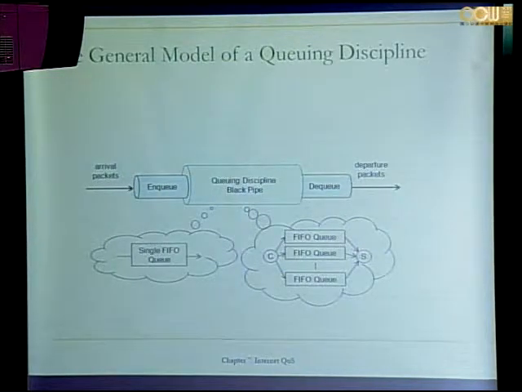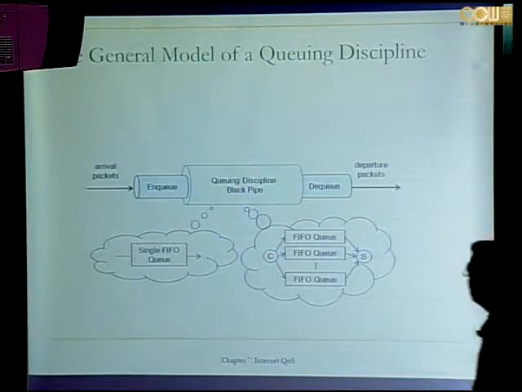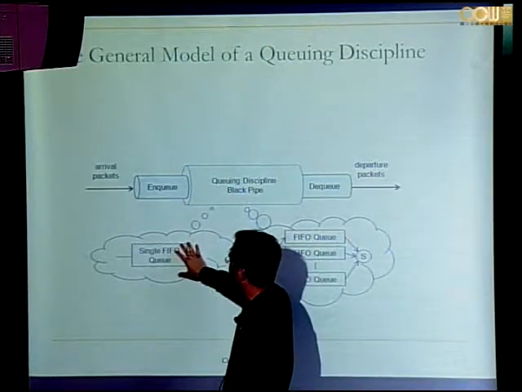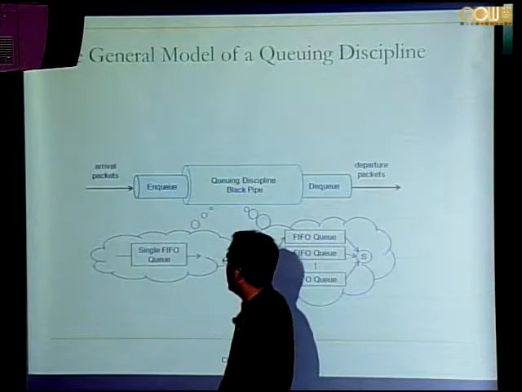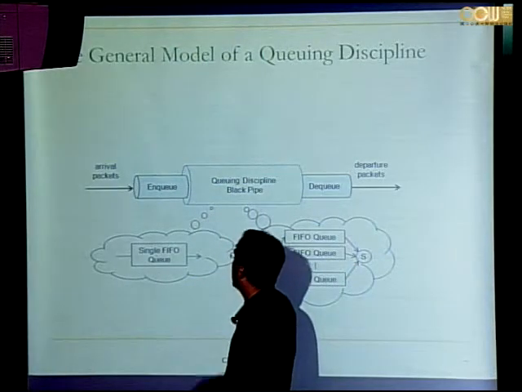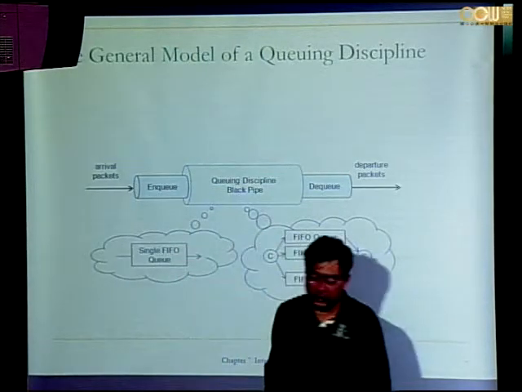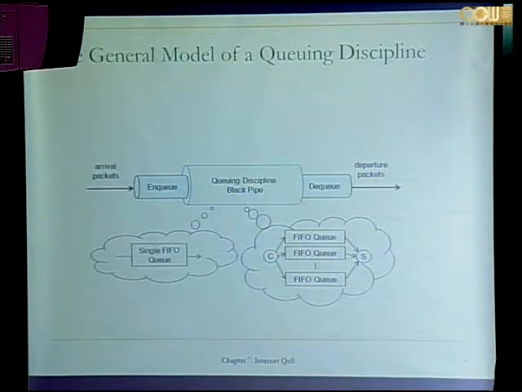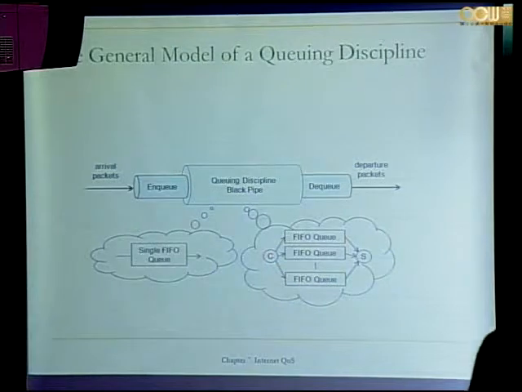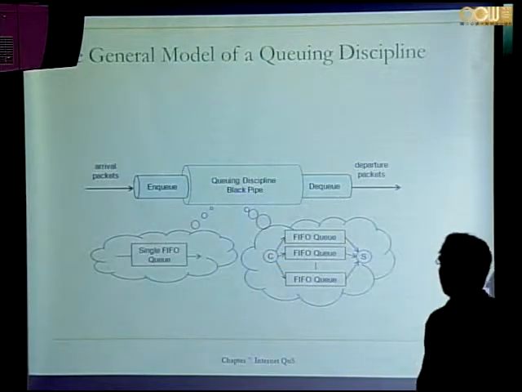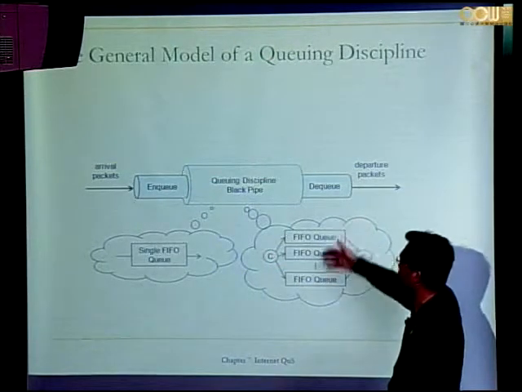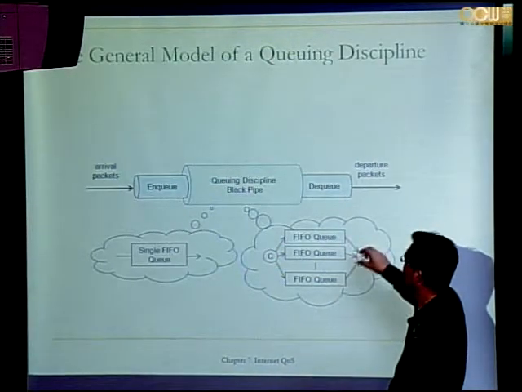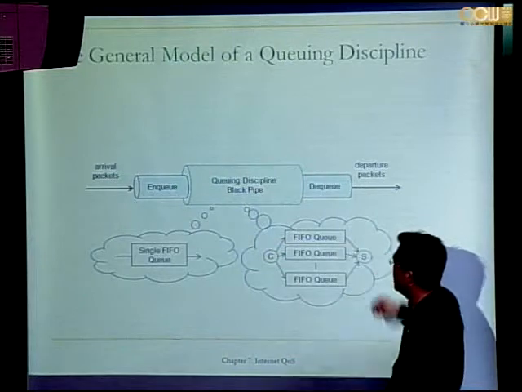And if you want to have QoS, then your queue is definitely not a single FIFO queue. If it's a single FIFO queue, then you cannot allocate bandwidth to specific flows or specific classes. You need something like this with several queues, and then you need to do scheduling here.